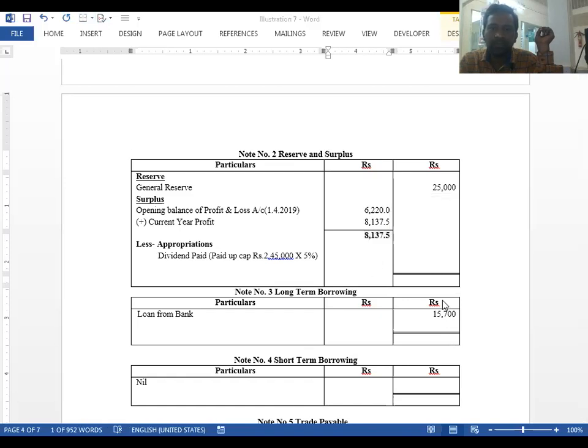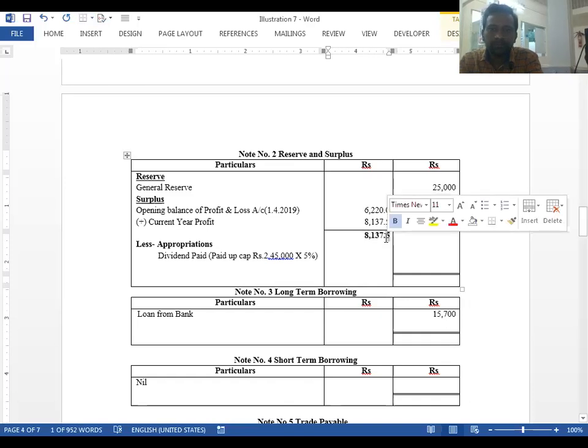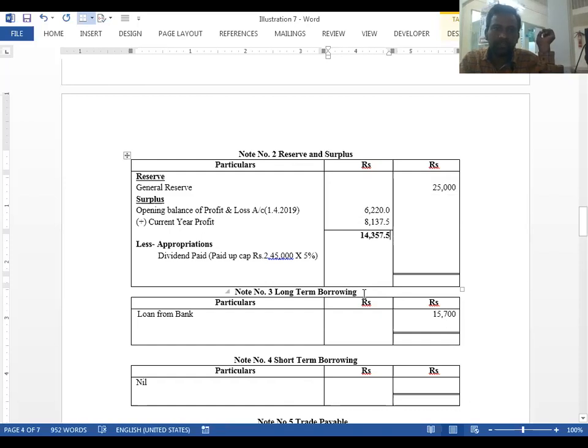Sorry, I took the wrong total here. 14,000, sorry. This is the total profit. Now 2,45,000 multiplied by 5%, the answer is 12,250.